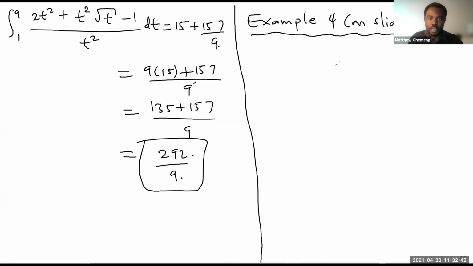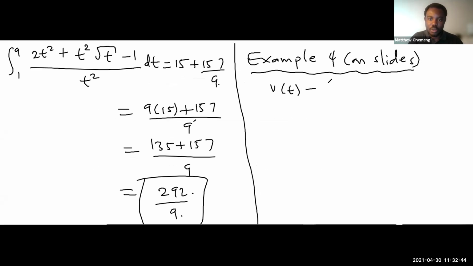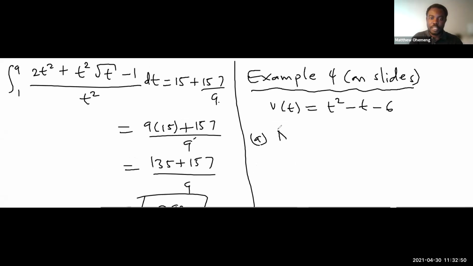Okay, so for this one, we have the velocity equal to t squared minus t minus 6, right? So for part A, the displacement over the time period 1 to 4.